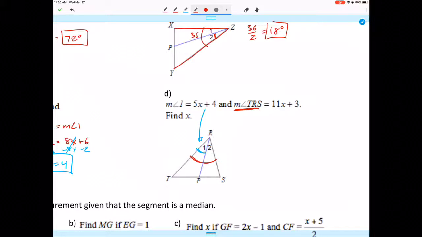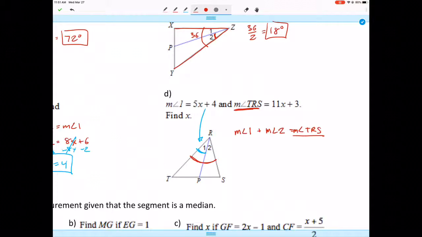All right, so if we realize that the measure of angle 1 plus the measure of angle 2 is equal to the measure of angle TRS. So if you add measure 1 and measure 2, then that gives us the measure of TRS.